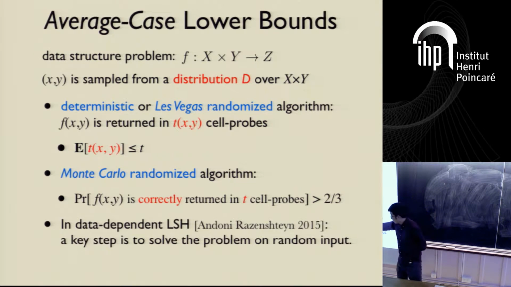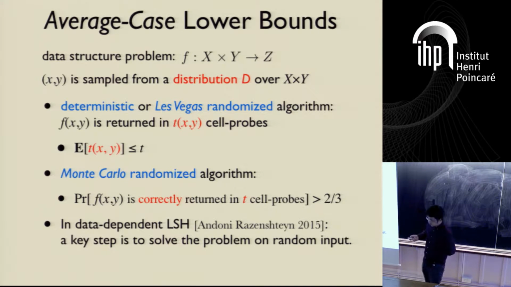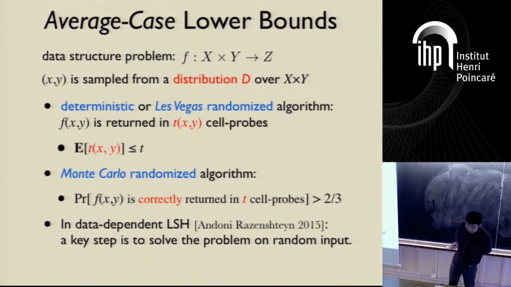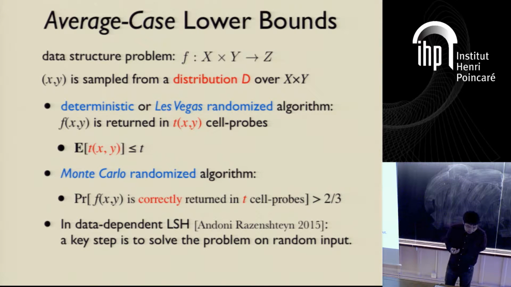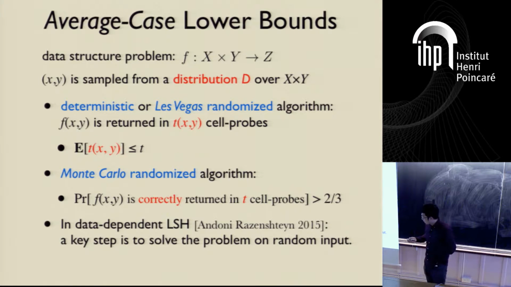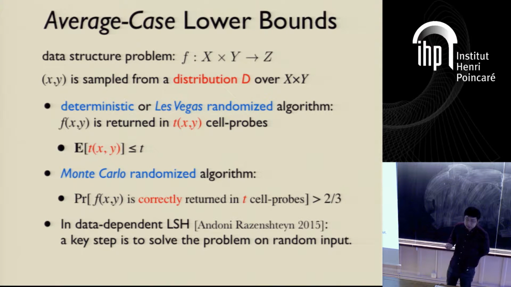Because there is a very recent upper bound, a recent work on the data-dependent locality-sensitive hashing. It discovers that a key step to solve the nearest neighbor search is to solve the problem on a random input, where every data point is sampled uniformly and independently from the metric space.